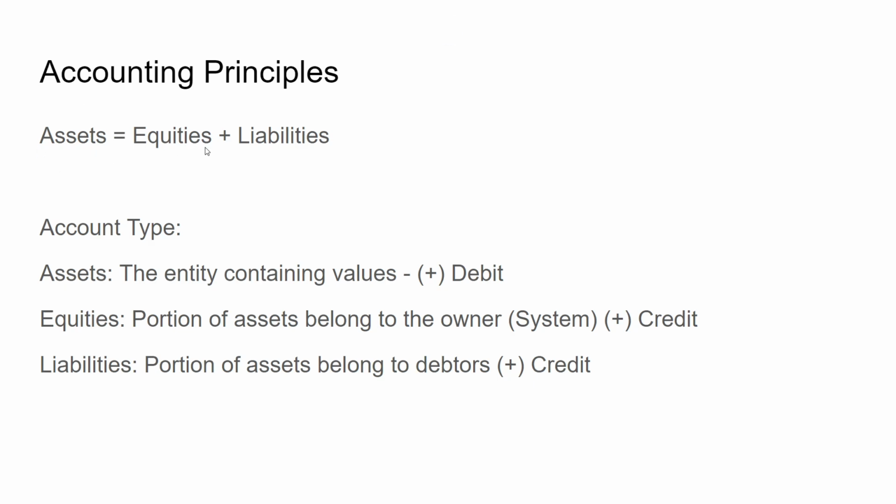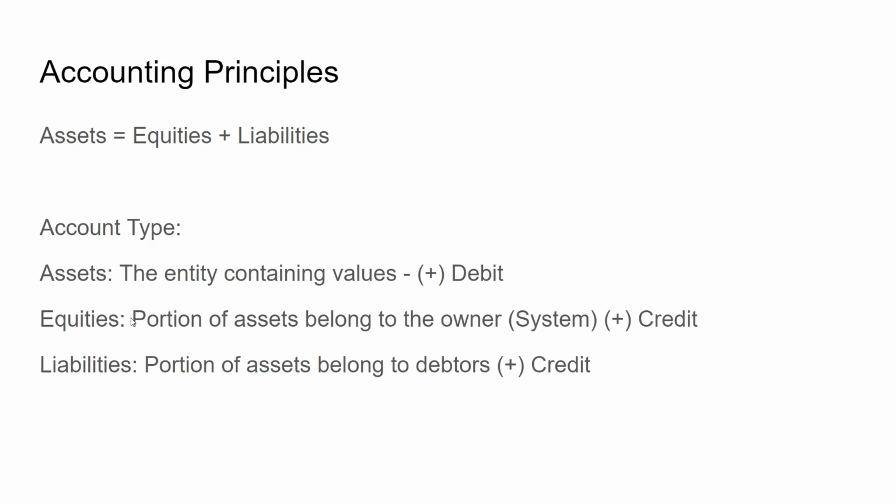However, every asset in the world is going to have two parts. Equity is the portion of the asset that belongs to the owner. Suppose your company has 1 million baht, everything you have, but you owe the bank a debt of 800,000 baht.